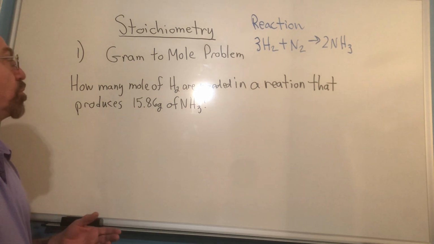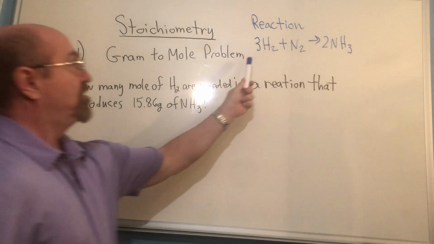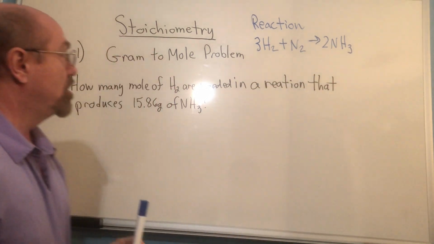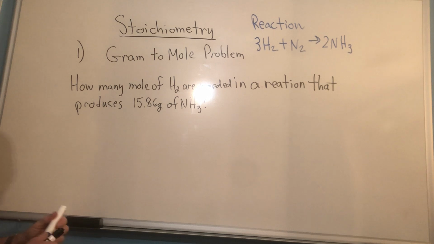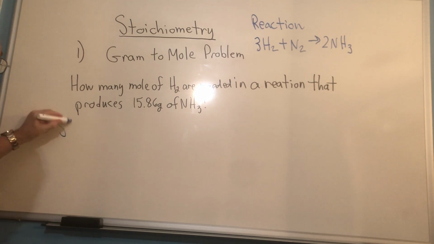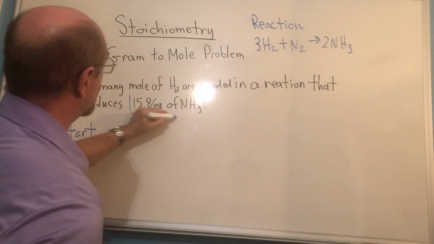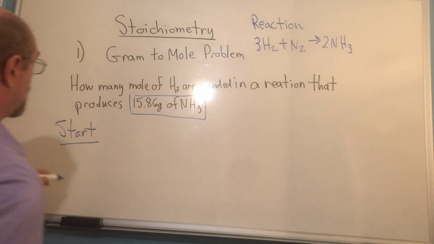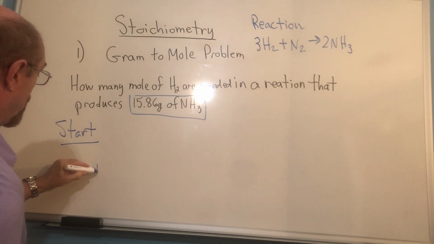This is a problem where we start with grams of a substance, we have a balanced chemical equation, and we try to find moles of another substance. So, what are we starting with? We're starting with 15.86 moles of ammonia.